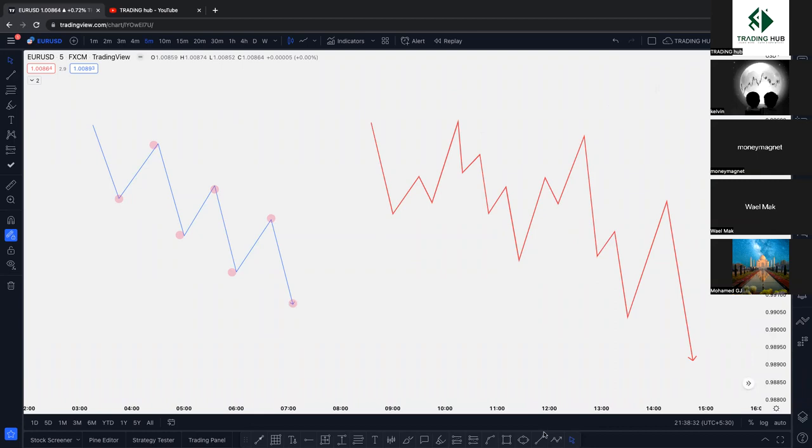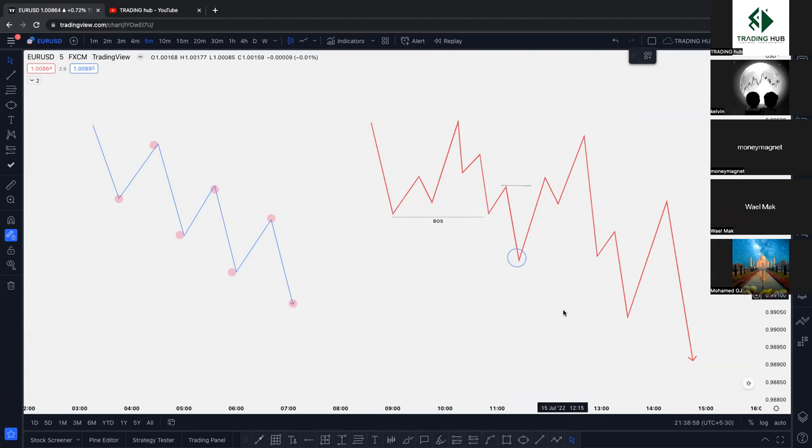And when the market takes out the first high, this low is confirmed, because everything happens with a logic. Without logic, nothing works in the forex market. The market breaks the structure here, correct? And this low is confirmed. Why? Because the market took out this high.